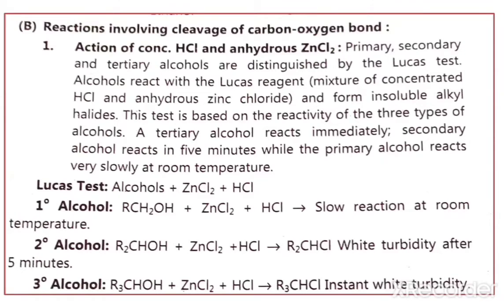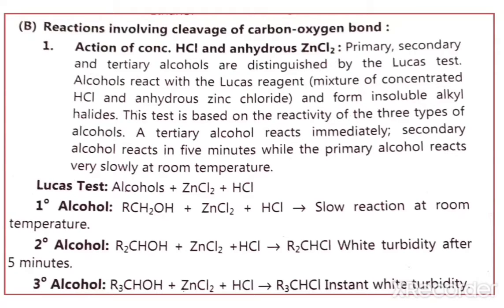Here, the primary, secondary, and tertiary alcohols are distinguished by the Lucas test or the Lucas reagent. That means, how will you identify whether the given alcohol is primary, secondary, or tertiary alcohol? It is explained by the Lucas test.